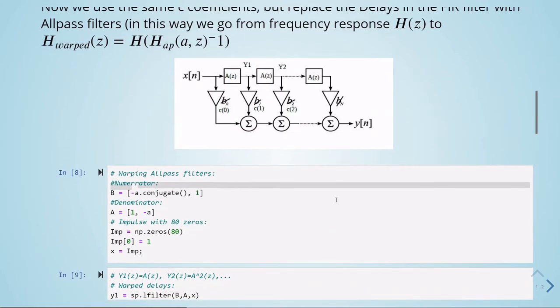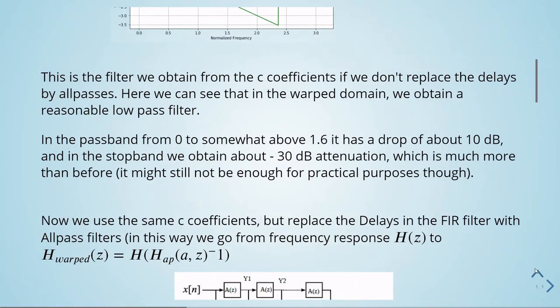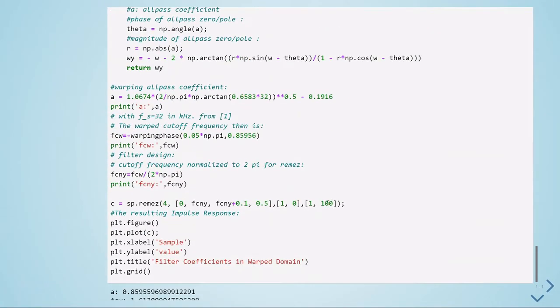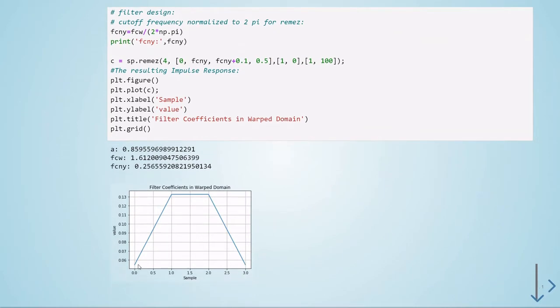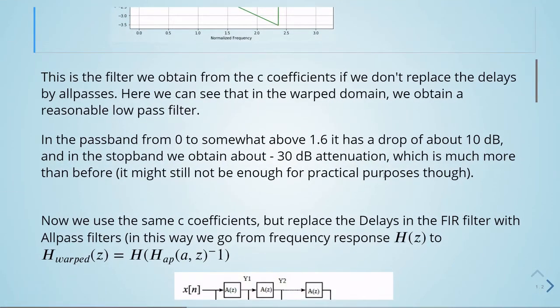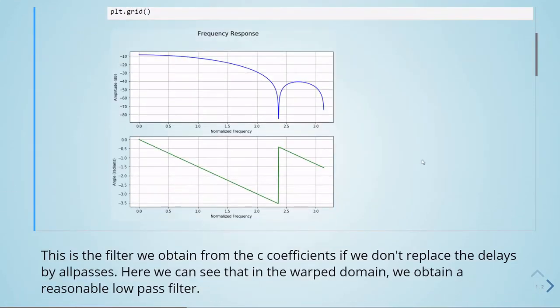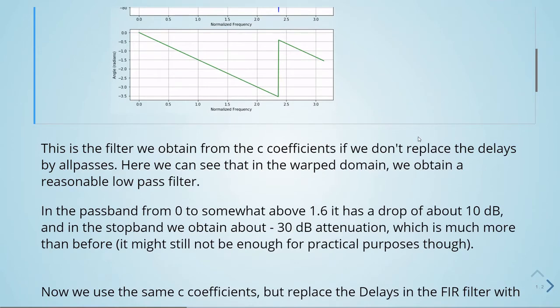So this is the procedure we had before, with these coefficients C from here, filter coefficients in the warped domain, but now we are replacing the FIR delays by all-passes.